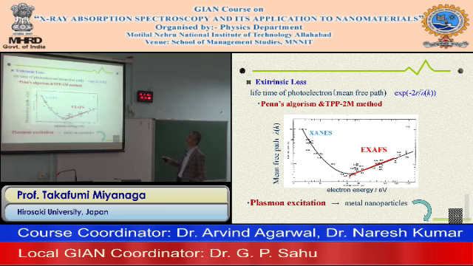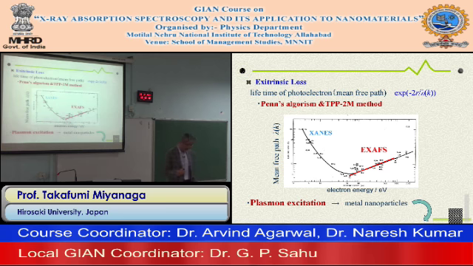So this is effective for the reduction factor. Historically, Penn's algorithm or the TPP2M method, I don't know this method in detail, but original calculations for photoelectrons are available.